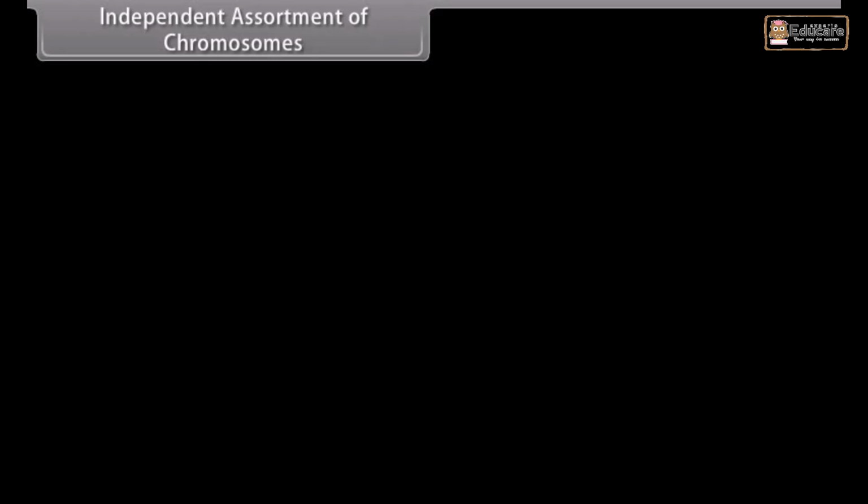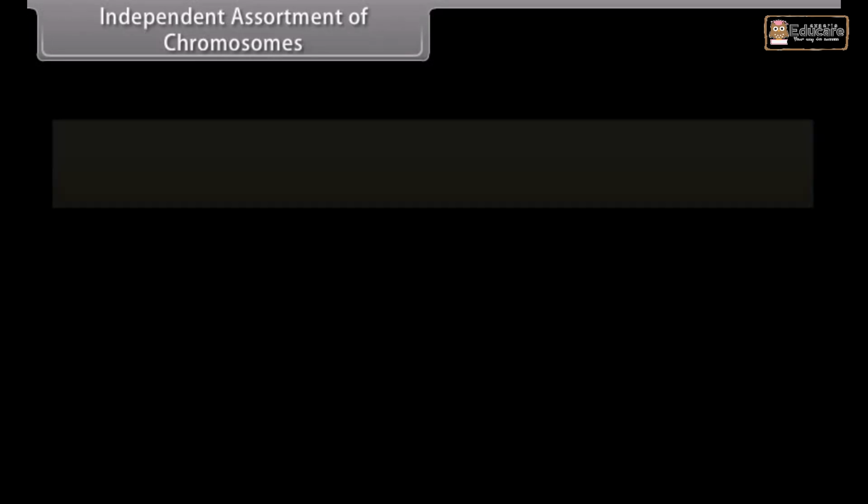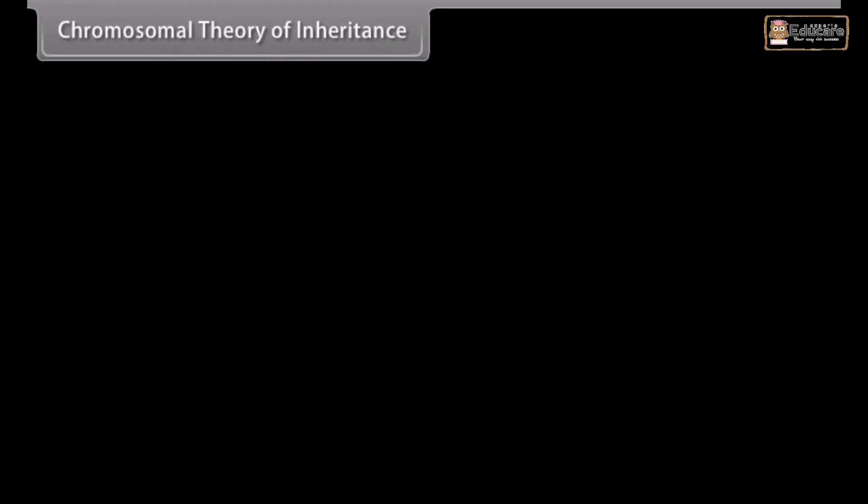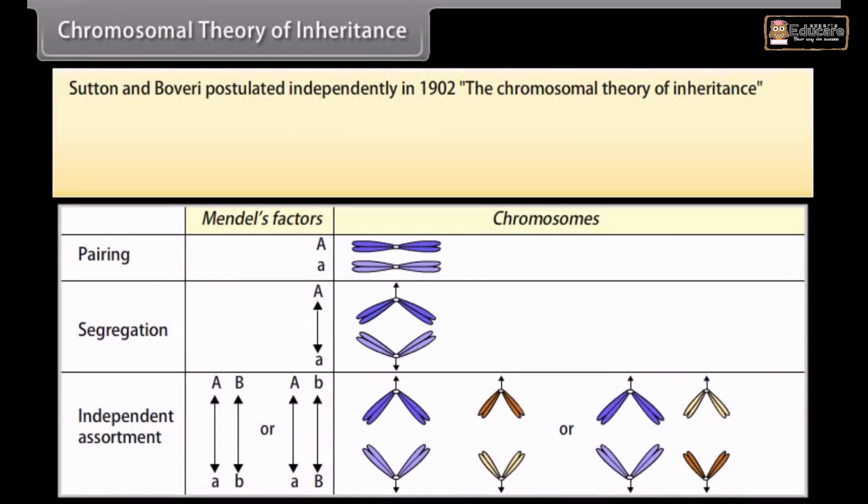Independent assortment of chromosomes. The two chromosome pairs align independently of each other during anaphase 1 of meiosis, as shown in the diagrammatic representation. Chromosomal theory of inheritance. Sutton and Boveri postulated independently in 1902 the chromosomal theory of inheritance.